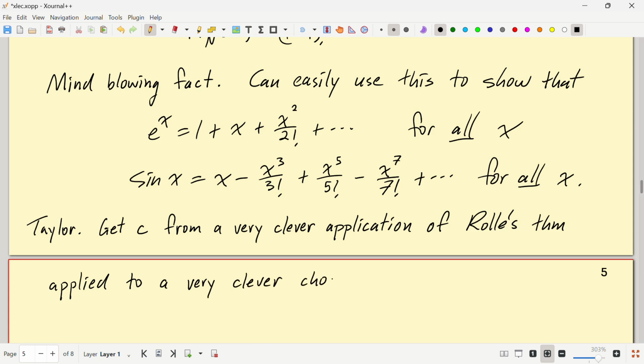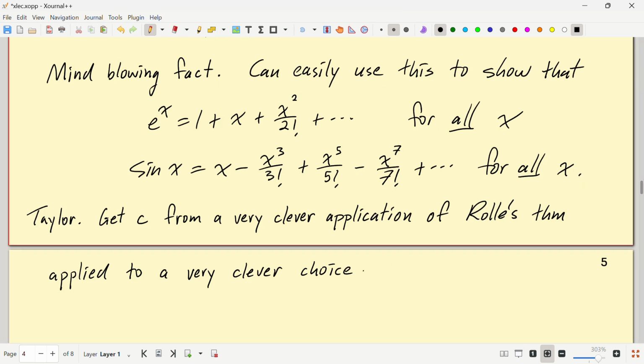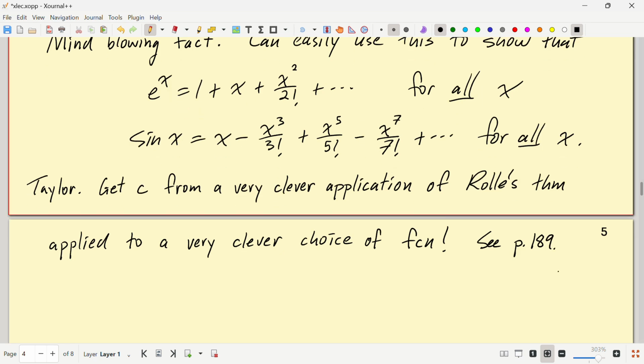It's a function that vanishes at the endpoints, but it's only one little paragraph, and it's on page 189. It's not hard. You just say, well, where the heck did they get that? Short and sweet.